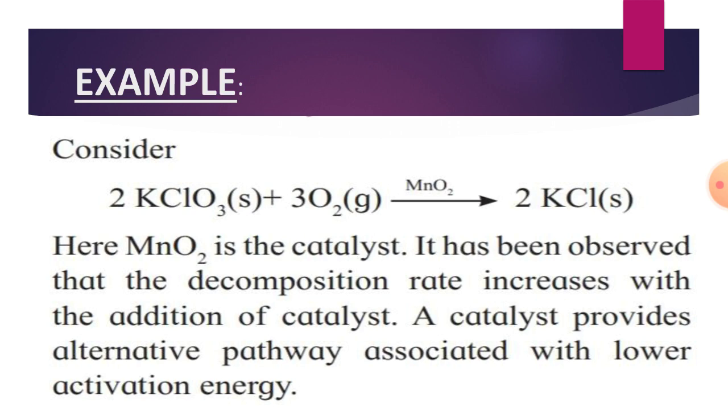So here, with the addition of catalyst, we require a little bit less amount of energy to convert the reactant into the product as compared to the reaction without catalyst. So with the addition of catalyst, the decomposition rate increases, and thus a catalyst provides an alternative pathway associated with lower activation energy.